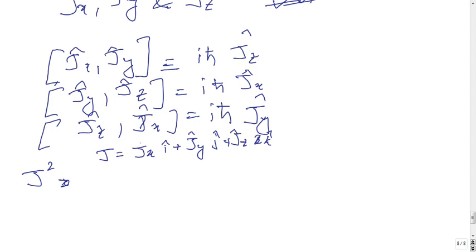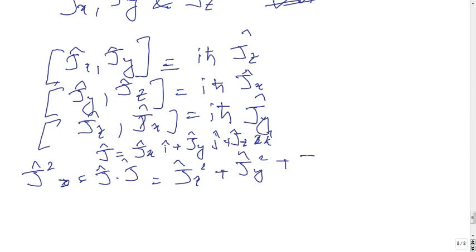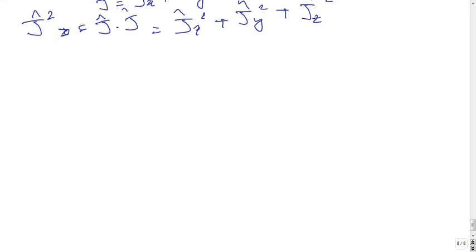J squared is J dot J, which is Jx squared plus Jy squared plus Jz squared. This is called the total angular momentum squared.